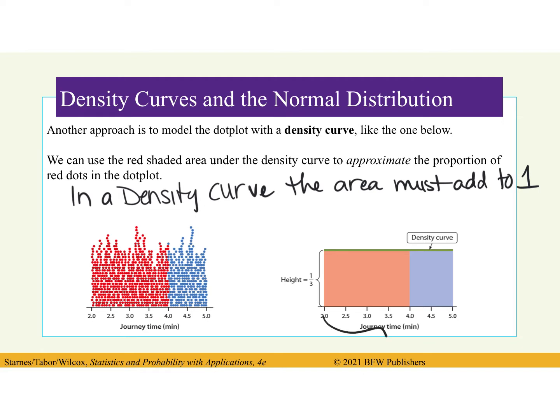So if we have 3 minutes on the x-axis, in this rectangle, the height of the rectangle has to be 1/3, so that 3 times 1/3 equals 1. Okay, that's what determines the height of the uniform density curve. And it's not much of a curve, it's a straight line, right? But we're going to look at curves a little bit more later.